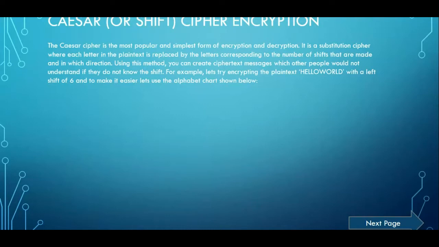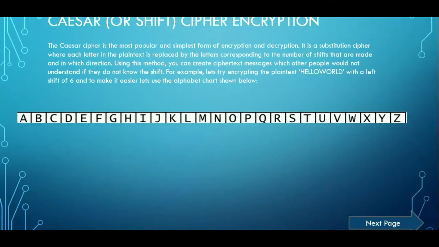Well, first thing we need to do is get the alphabet chart, because without that it's practically impossible to do a cipher. You need to have the alphabet chart in front of you. Next up, you need to think of the first letter of your message and then do a left shift of 6 and see how it goes. So, hello world.